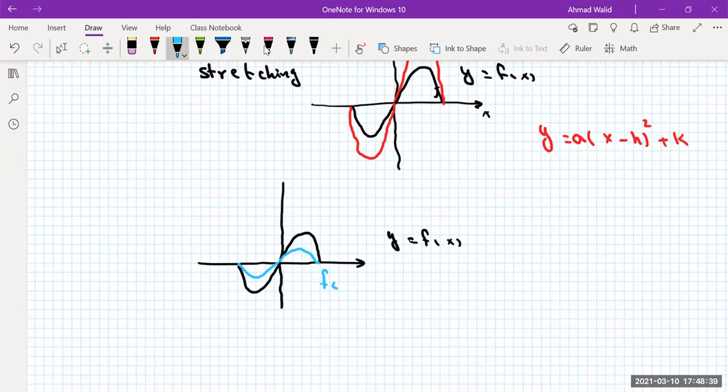This one will be, I'm writing too close, this one will be y equals negative c f of x, correct? This will be shrinking.